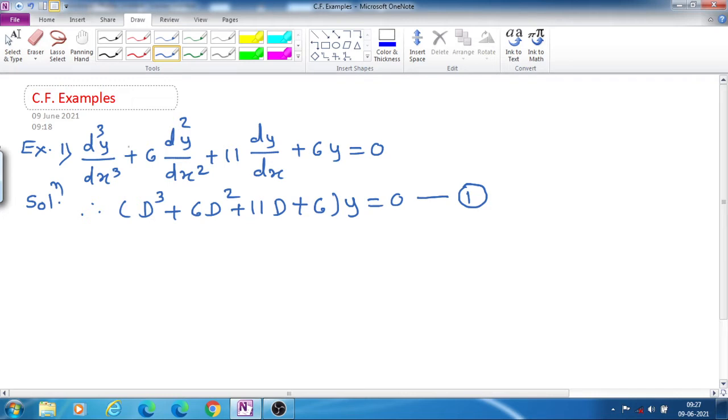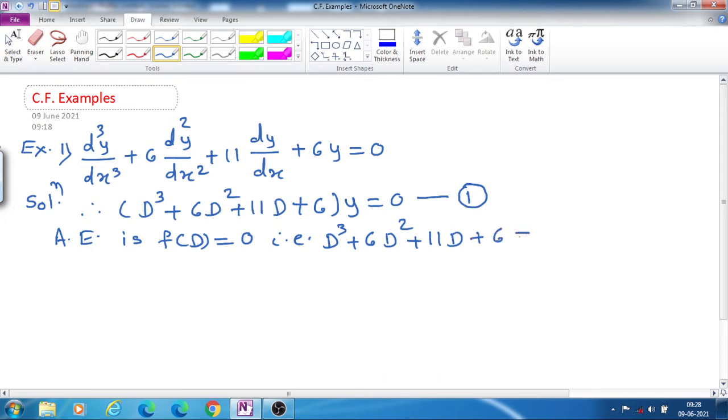So to find complementary function, here auxiliary equation is f(D) is equal to 0, that is only bracket, that is d cube plus 6d square plus 11d plus 6 is equal to 0.